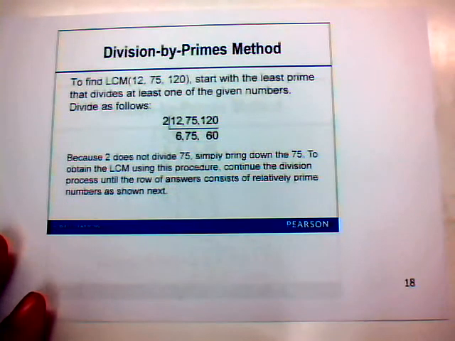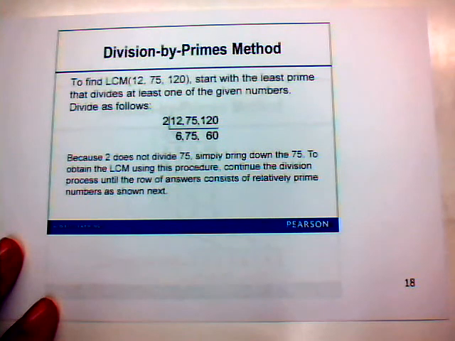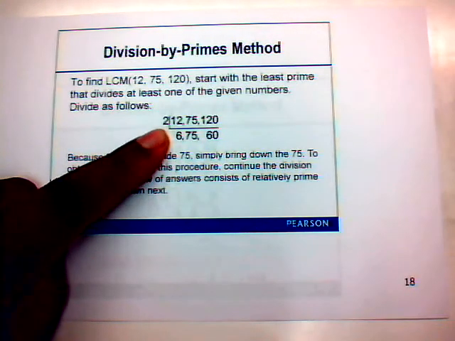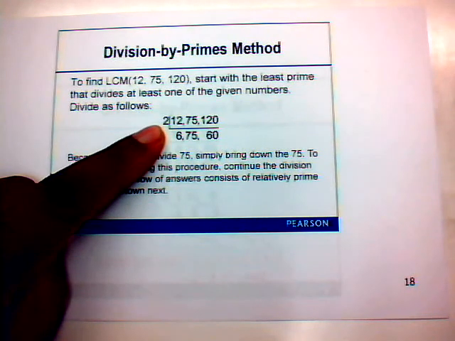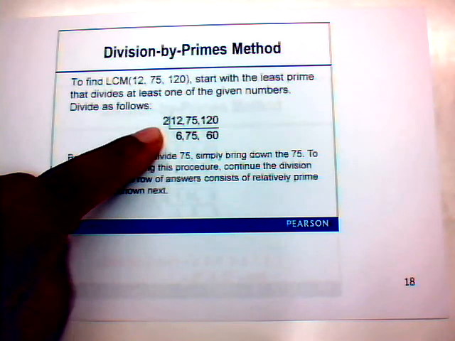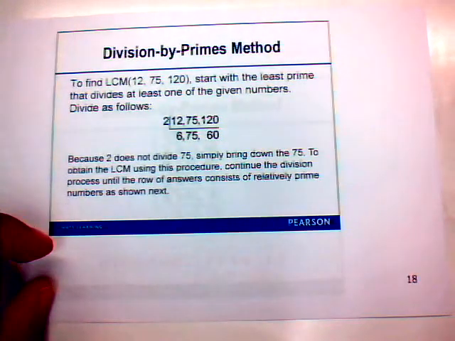Division by primes method is another way of finding the least common multiple of two numbers. To find the LCM of 1275 and 120, you're going to start with the least prime that divides at least one of the given numbers, and then divide as follows. In this case here, we can use 2. So here 2 will go into 12 6 times, 2 goes into 120 60 times.